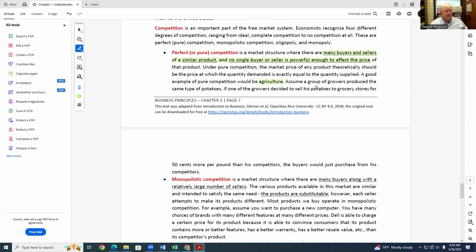So generally, they don't have any ability to affect the price. The products are the same. Nobody's able to affect the price. Agriculture is the best example of pure competition.